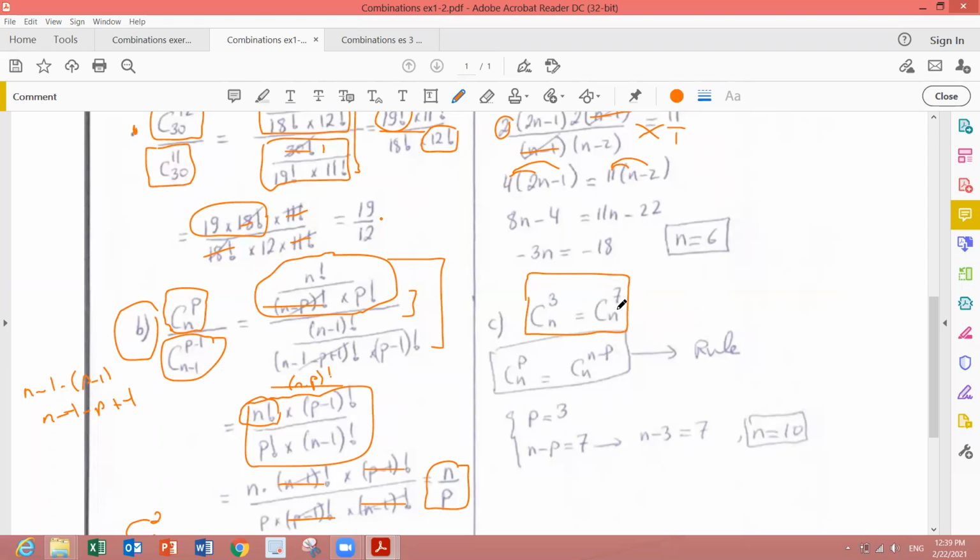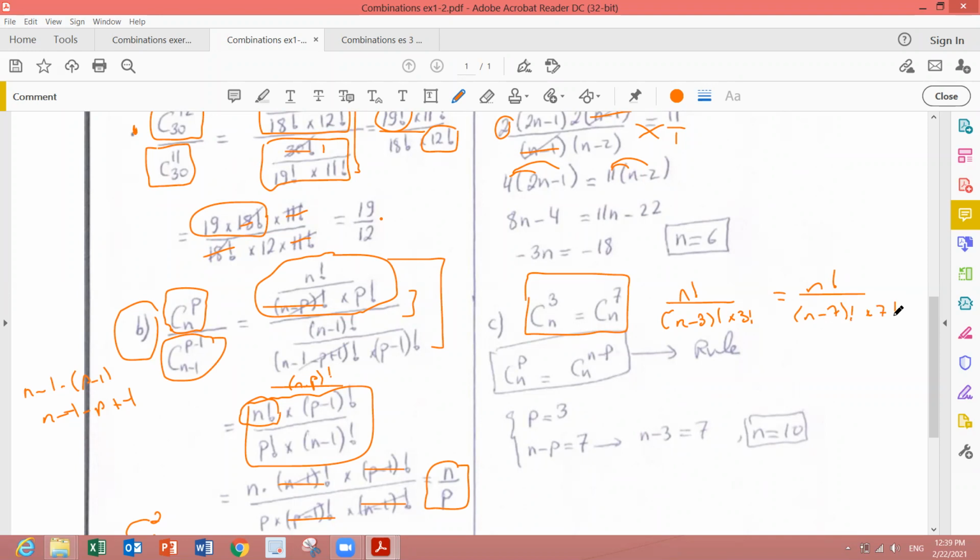n choose 3 equals n choose 7. I can solve this one by putting n factorial over n minus 3 factorial times 3 factorial equals n factorial over n minus 7 factorial times 7 factorial.